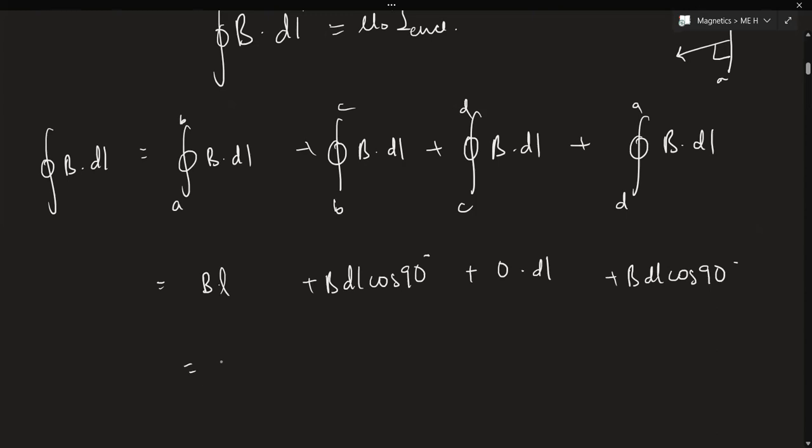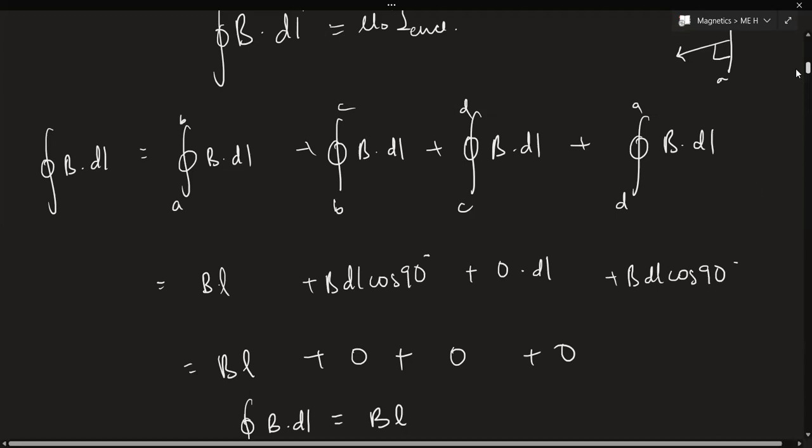What are we left with now? BL, this becomes 0. 0 multiplied by DL is 0, plus BDL is 0. So we have solved this BDL, this is BL. Fine. This is just BL. L is what? L is the length of the side of the rectangle ABCD.